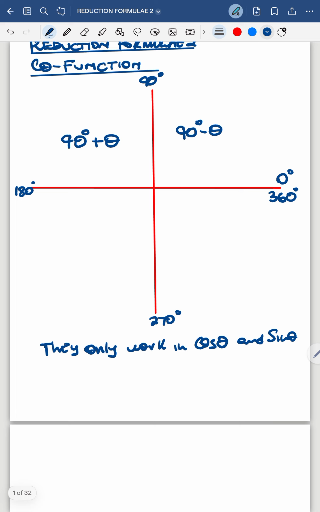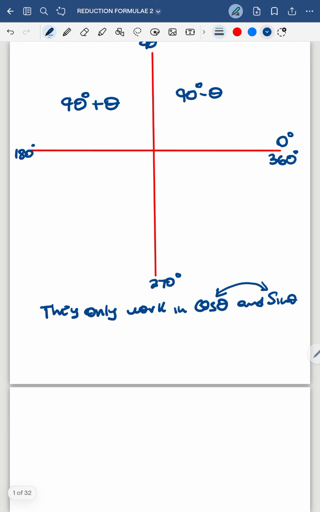But those angles, 90 degrees plus theta and 90 degrees minus theta, are possible with cosine and sine. Tangent can never be a cofunction. So these are the cofunctions. They work together, and we say they are equal when they have those angles. We're going to see how they are equal.